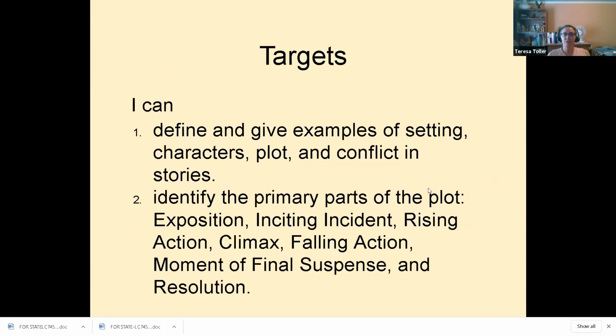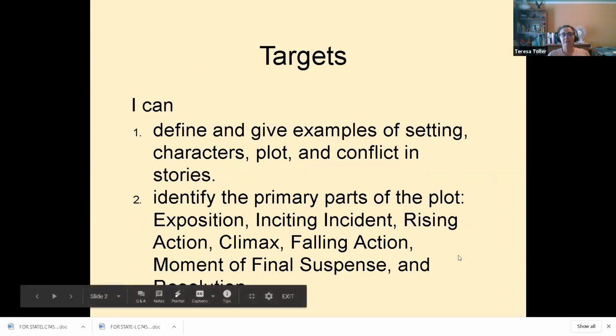Targets for today: you should be able to define and give examples of the setting, characters, plot, and conflict in a story. And then we're going to focus in on plot, and in the parts of the plot, you should be able to identify them.